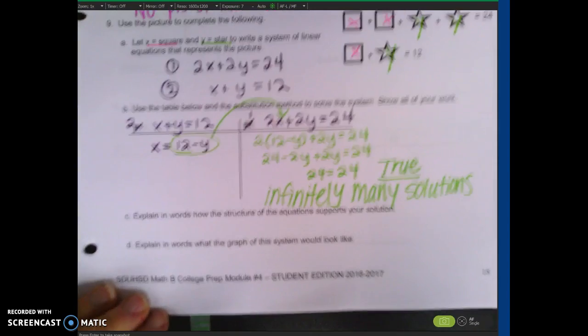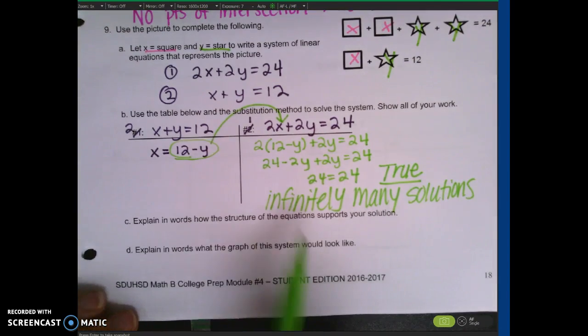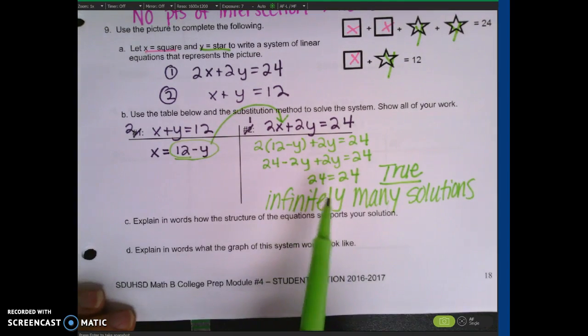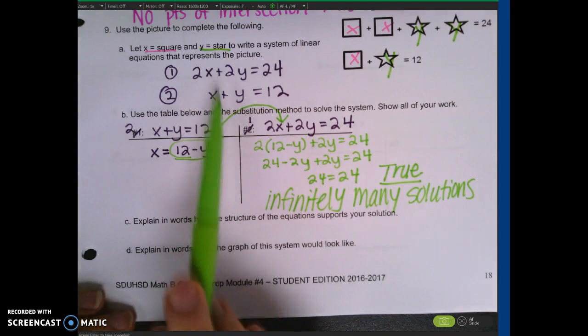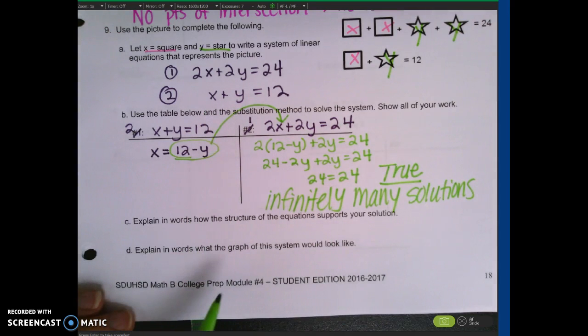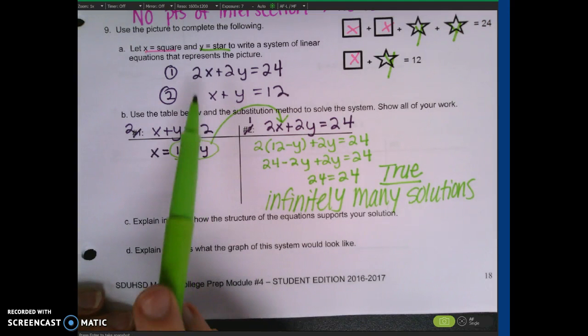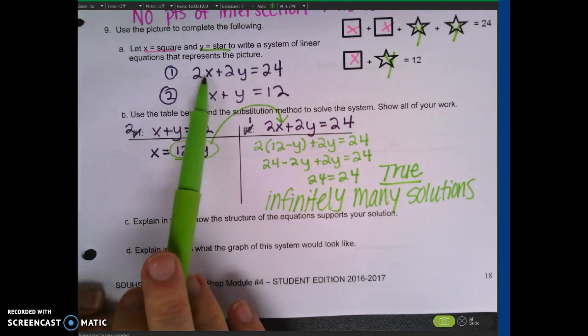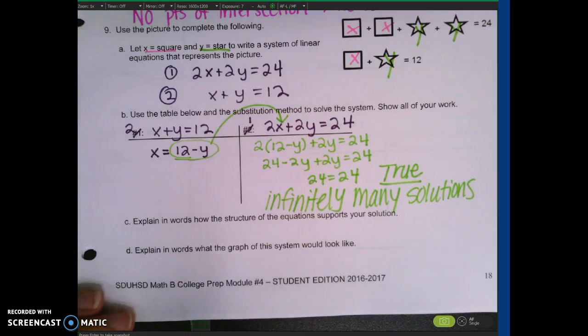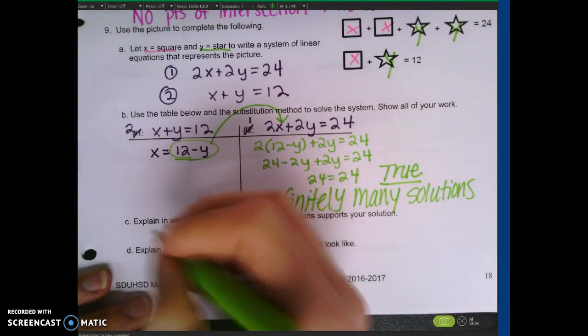Is there something about the structure of our system we could have noticed from the beginning and saved us all this work? Well, looking at the structure of our system, we notice that equation 1 is a multiple of equation 2.